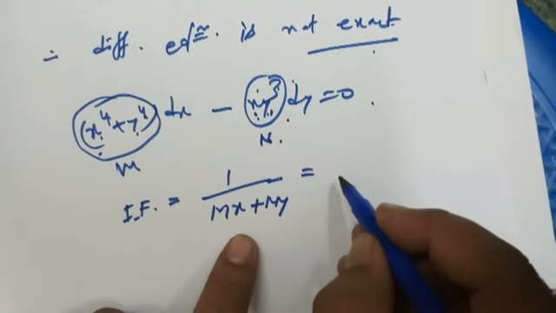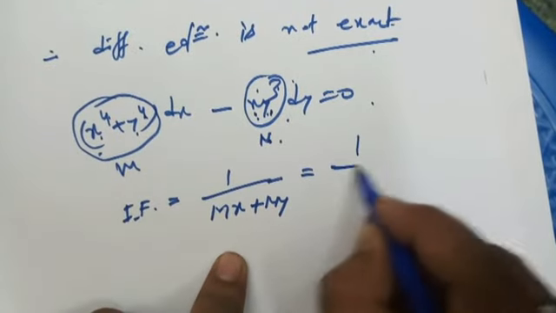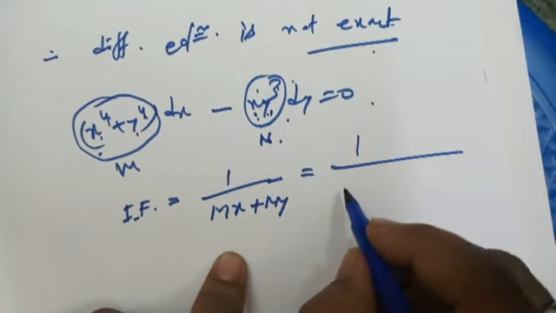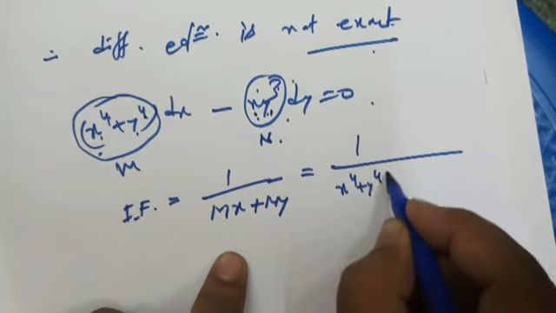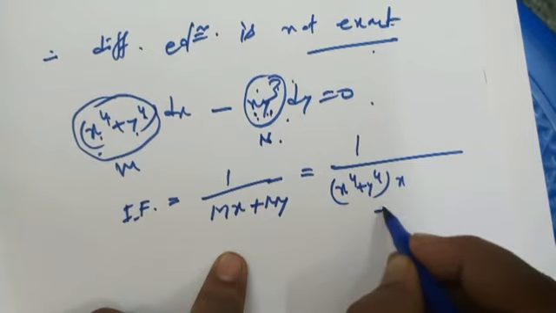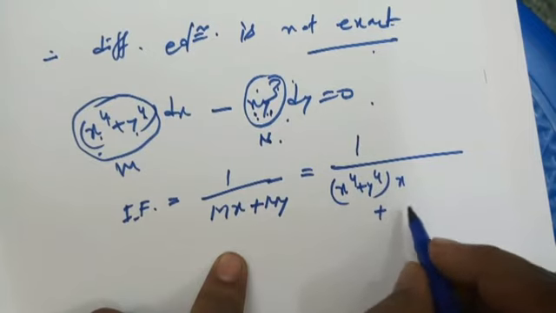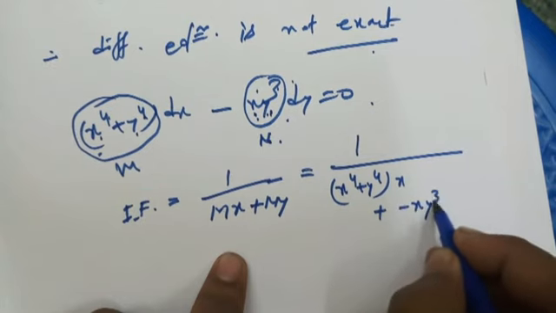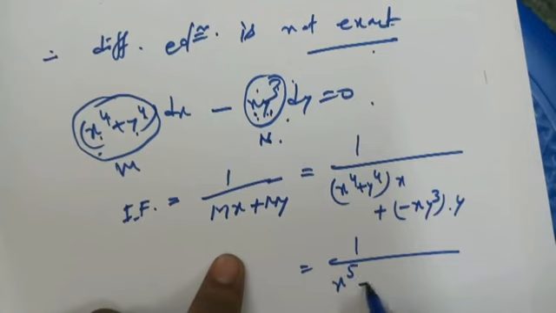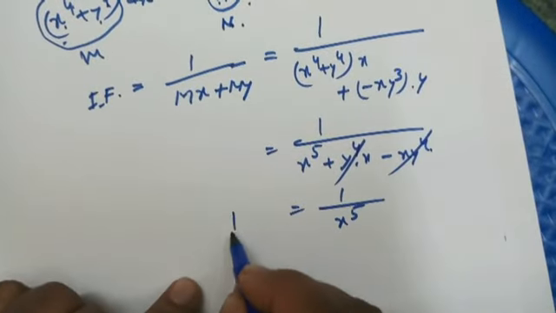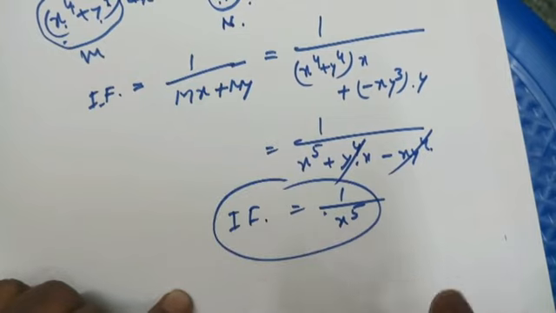Here M is x power 4 y power 4, times x, plus N, which is minus y cube, multiplied by y. So 1 upon x power 5 y power 4 minus x y power 4, and this is 1 upon x power 5. This is the integrating factor.